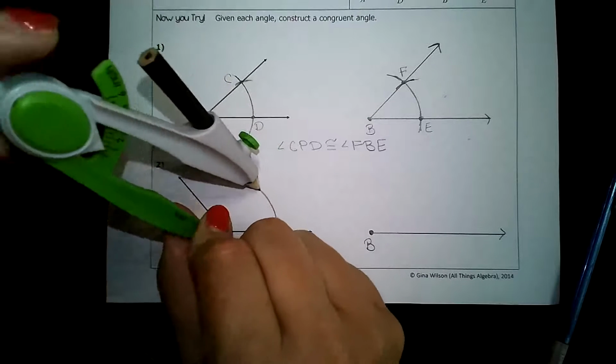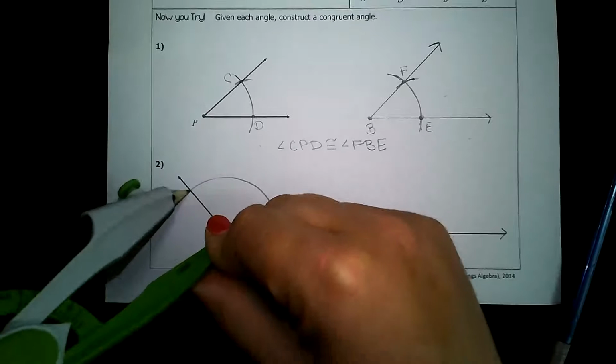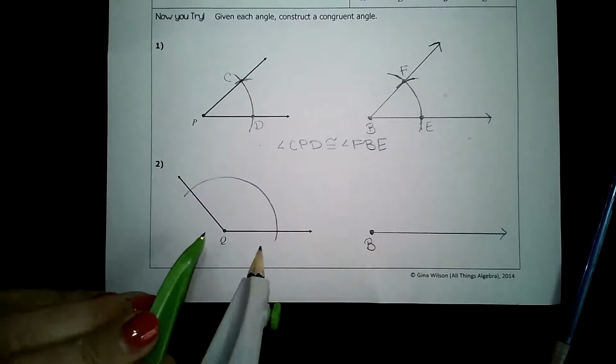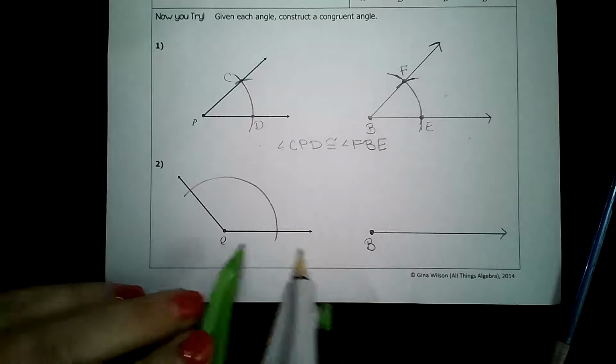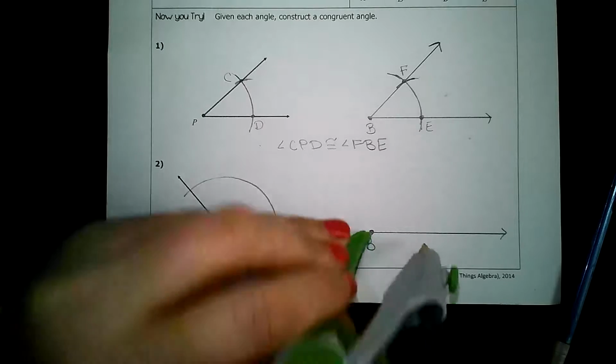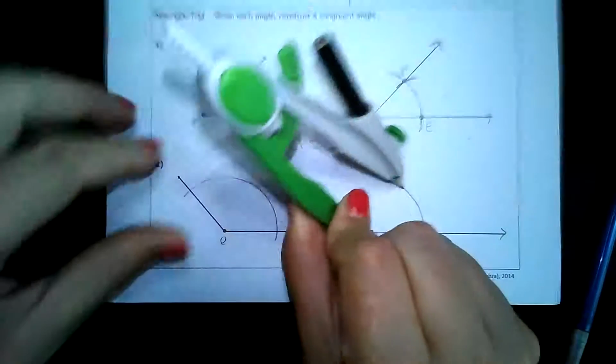When you're making these long arcs, it might be a lot easier to turn the paper versus turning the compass. Okay, don't change the size of the radius on your compass and make the exact same size arc coming from point B. A really long arc.